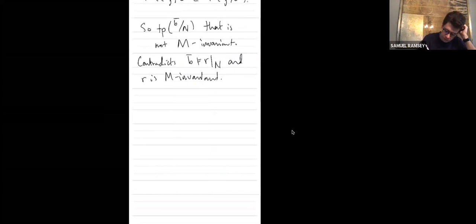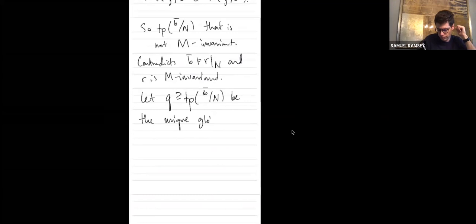Okay. Moreover, okay, so what we'll do is we will let Q, extending the type of B bar over N, be the unique global M invariant extension.